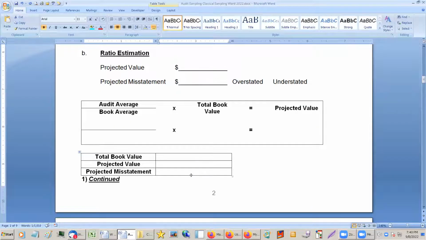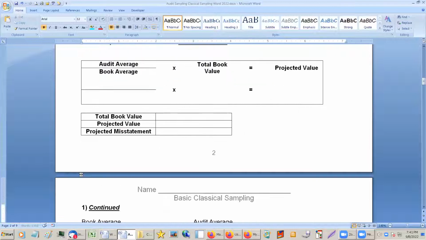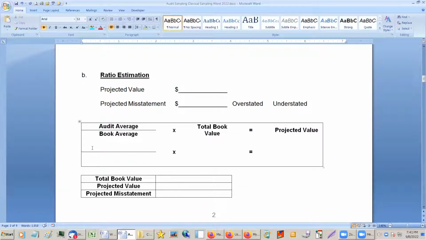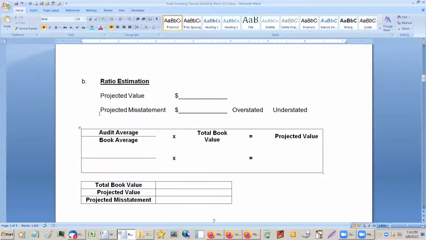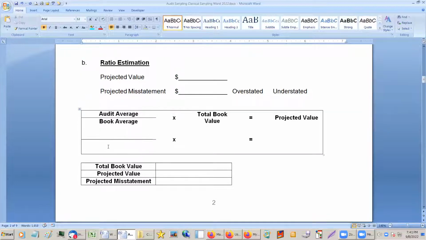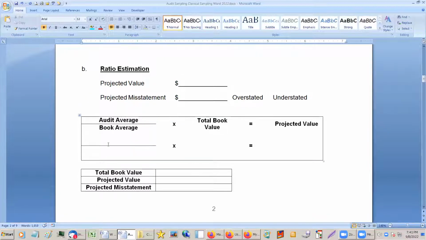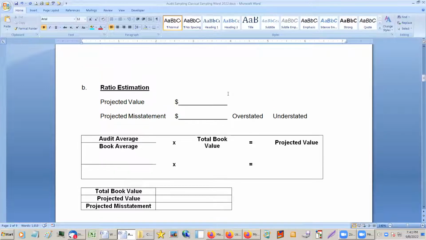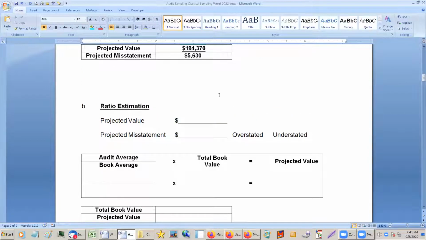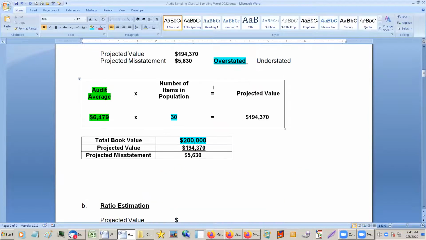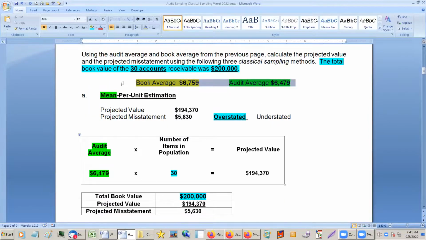Okay, ratio estimation. Ratio estimation says that everything is off by a ratio. In other words, big things have big errors, small things have small errors. Copy this down here.